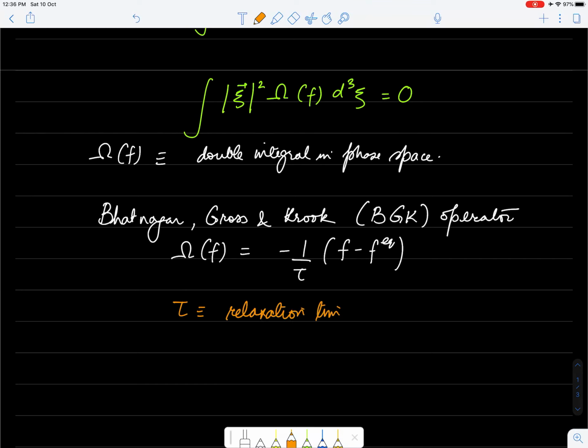In some places you may even see this called the single relaxation time model, sometimes known as SRT.